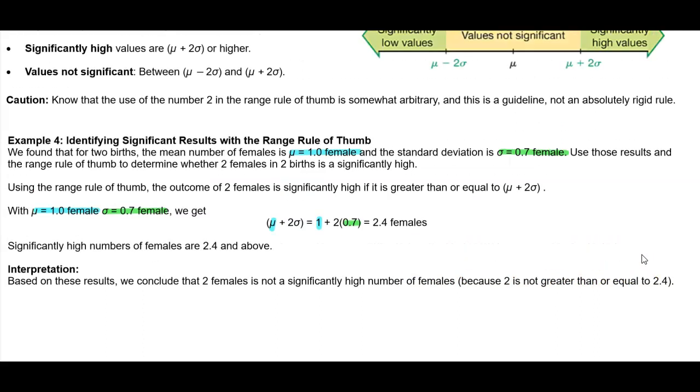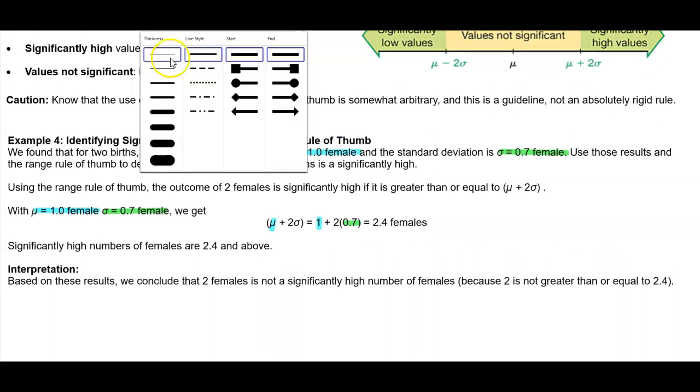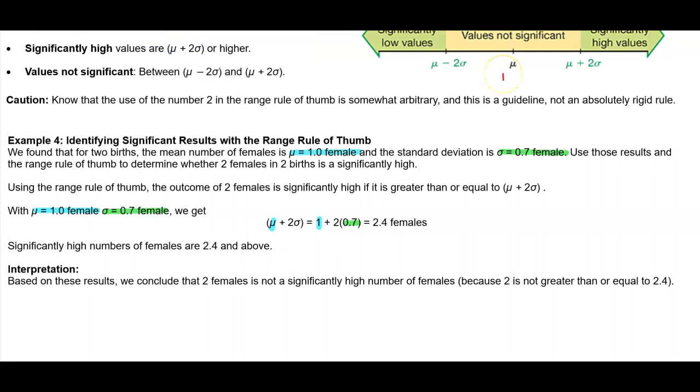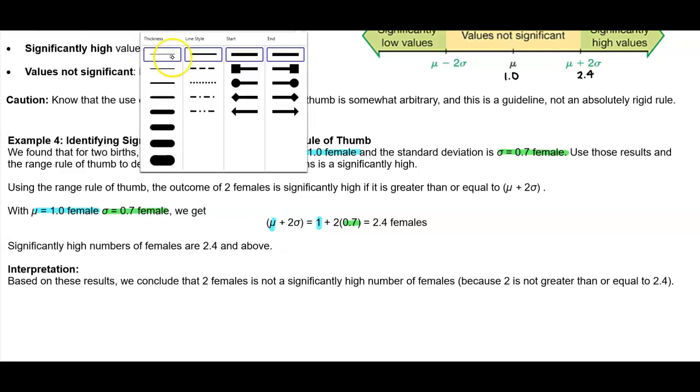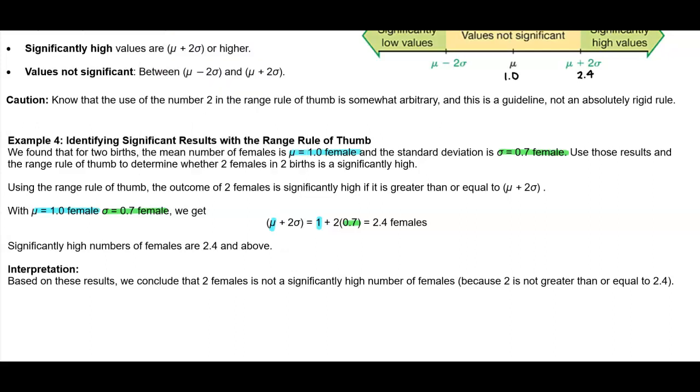Now again, if you come up here, we know that the mean is 1.0, and we saw that this value is 2.4, and the value that's in question is 2 females. And so we can see that 2 females is going to be values that are not significant.